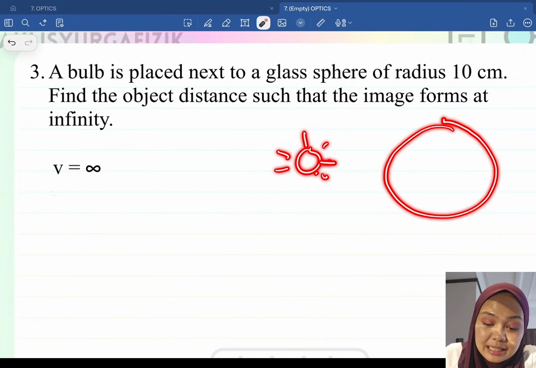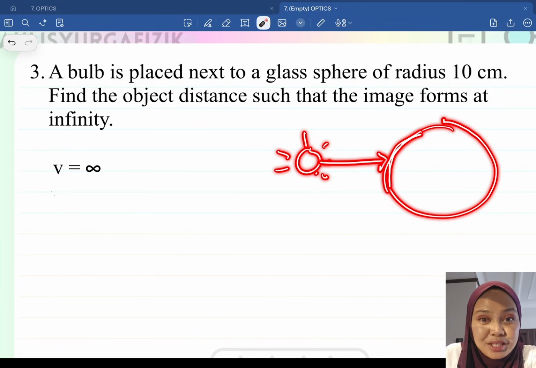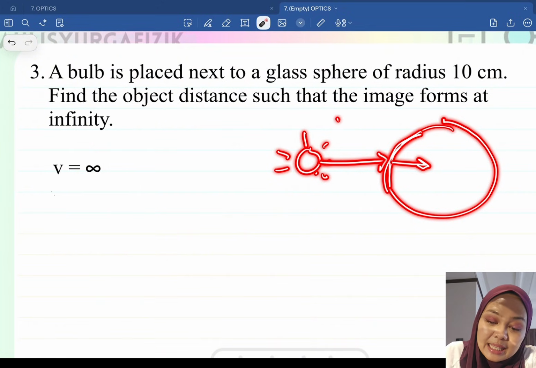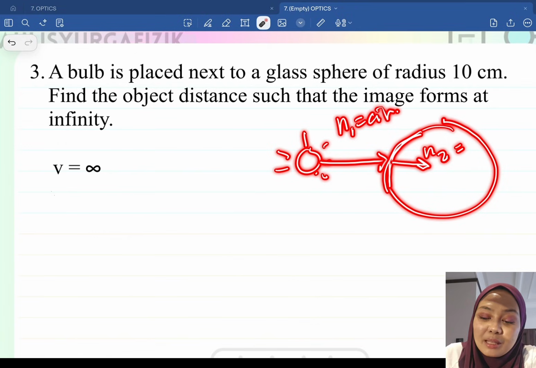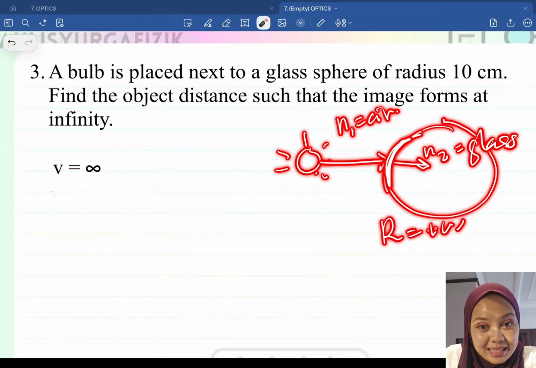Obviously, the light rays coming from the bulb hit the surface, which is convex, right? And then they enter the glass sphere. Hence, we can see that the N1 is the air, and the N2 is the glass. And because the surface is convex, our R will be positive.